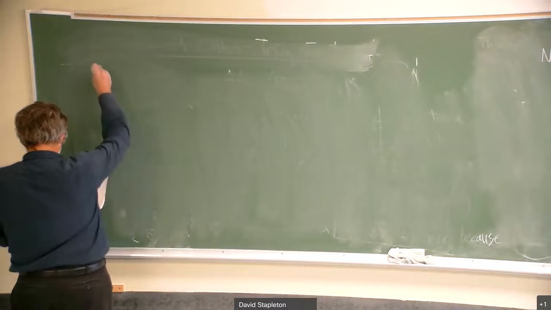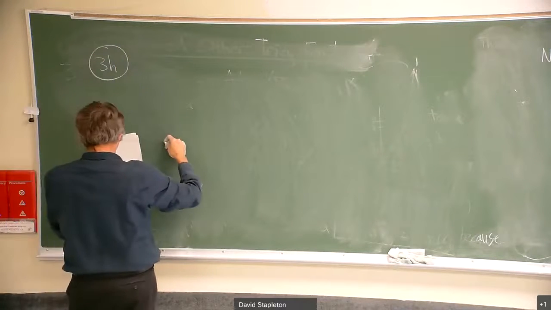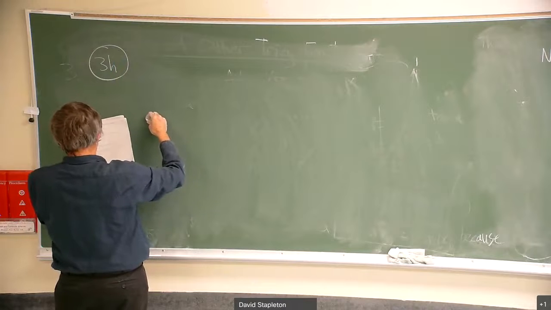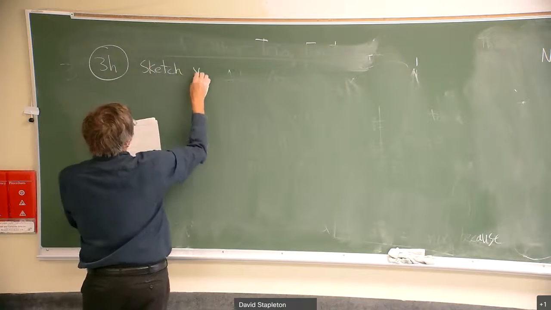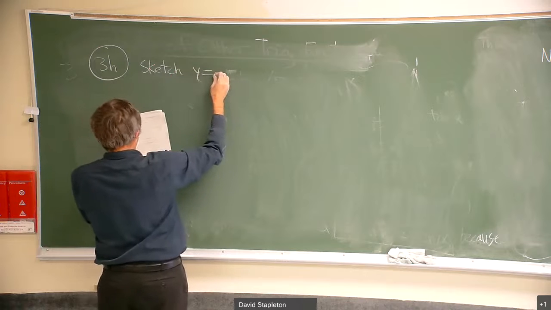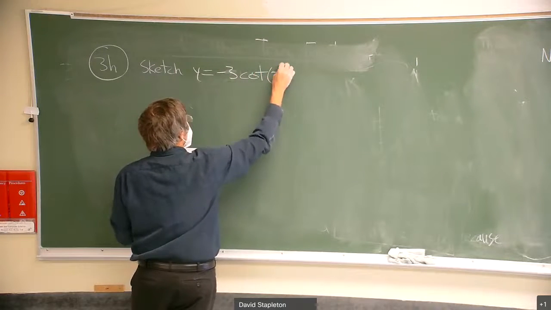Let's do problem 3h off the homework assignment. You can see how this works when you do it at home, hopefully. Sketch the function f of x, or y, equals -3 cotangent 2x.